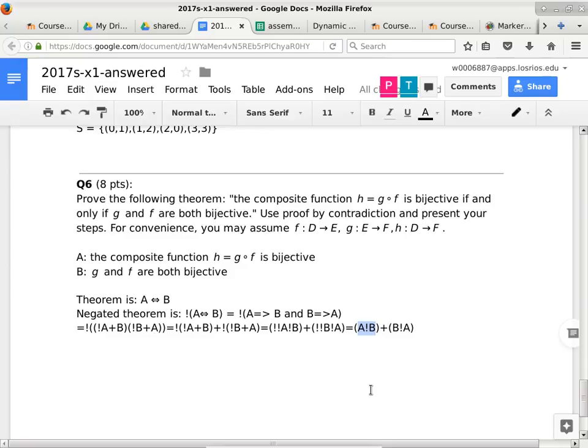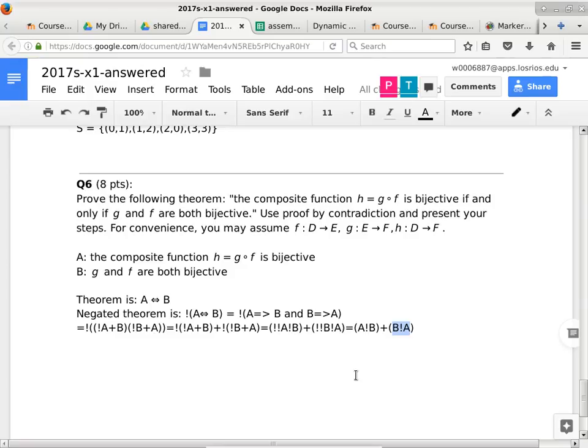Does that make any sense? So you have to prove that that is false. The other one is saying exactly the opposite. It is saying that B is true, which means G and F are both bijective, but A is not true, which means the composite function H is not bijective. So you have to show me that both of these cases are impossible in order to prove by contradiction.